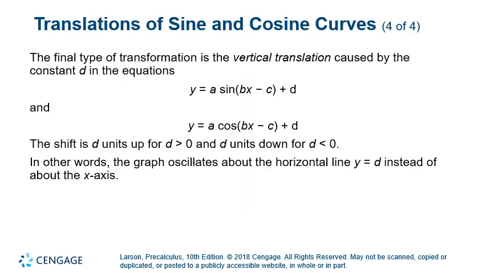Now, as far as this vertical translation goes, these are a whole lot more straightforward. Out here on the right, you can see, let me highlight that a little bit. Just 1 second while I grab a highlighter. There we go.